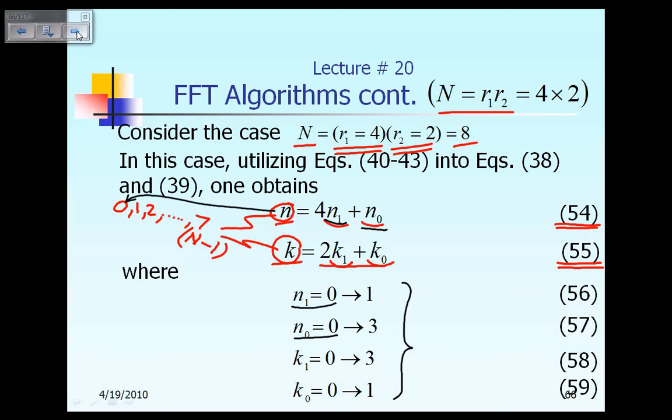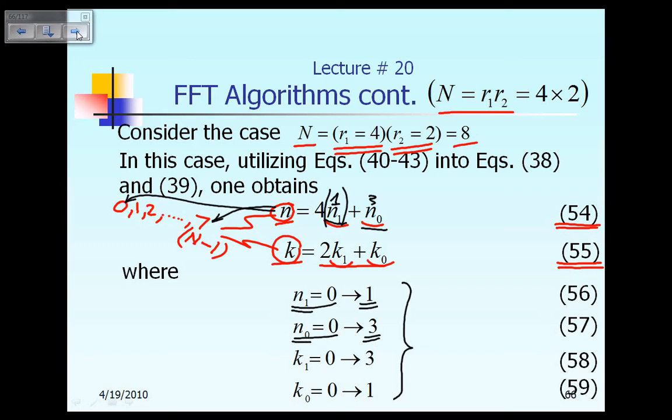On the other hand, if you let n1 be equal to the largest value you can have, which is 1 in this case, and you let n0 equal the largest value you can have, which is 3 in this case, then you can see very clearly the value of the small index n is equal to 7, as it should be. The same thing is true for the small index k.